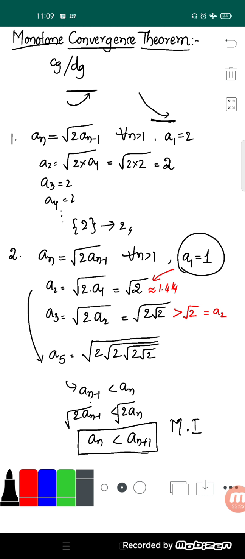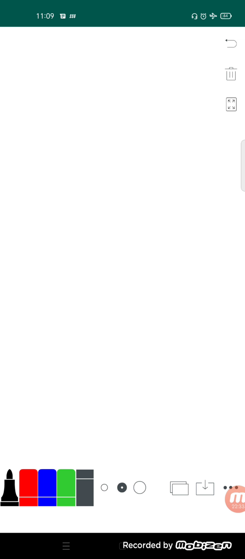Now we need to show that it is bounded above. a1 is 1, which is less than 2. a2 is square root of 2, which is less than 2. a3 is square root of 2 into root 2, which is less than 2.